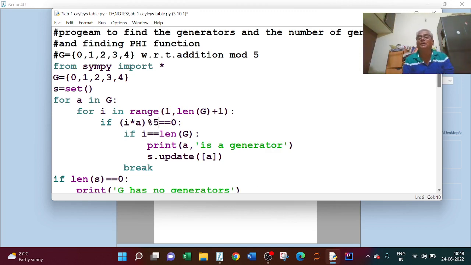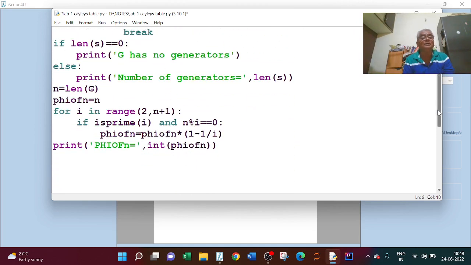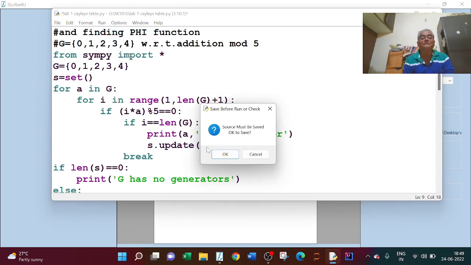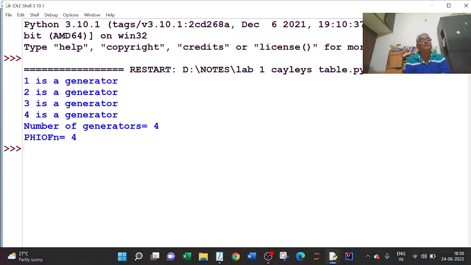Next, these operations are not there in the rest of this program. If I run this program, 1 is a generator, 2 is a generator, 3 is a generator, 4 is a generator, and number of generators equal to 4. Pi of n is equal to 4. Okay. Next, I will go to another example.